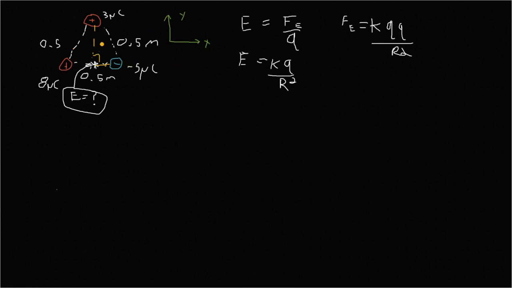So if we wanted to call this R1, R1 is just the square root of 0.5 squared minus 0.25 squared.